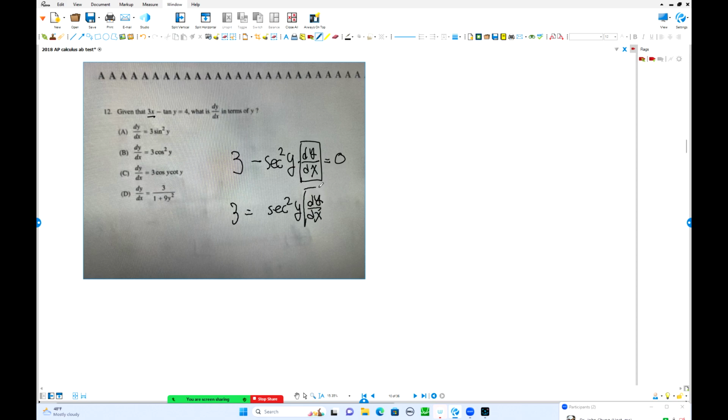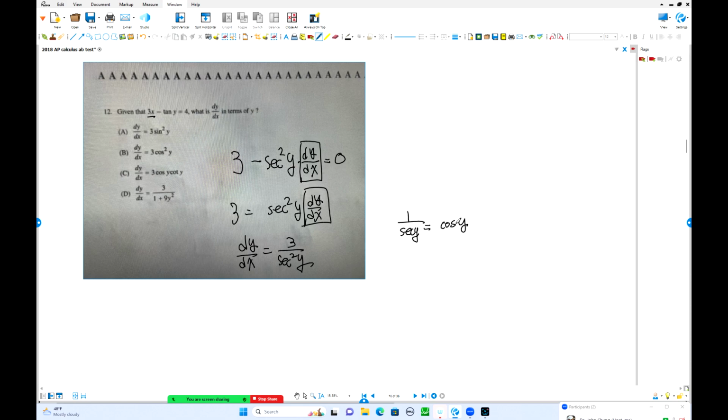So to find dy dx, you divide 3 by secant squared of y. That is dy dx. Where is 1 over secant squared of y? 1 over secant is cosine y, its reciprocal, right?